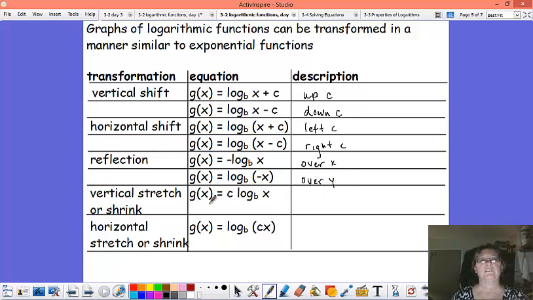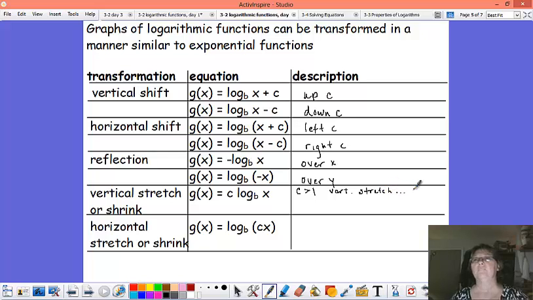The vertical stretch and shrink, we called those expansions and compressions before. It depends on the size of C, and you'll remember that when C is greater than 1, that's a vertical stretch. It's growing, so I'll put vert stretch or increase.